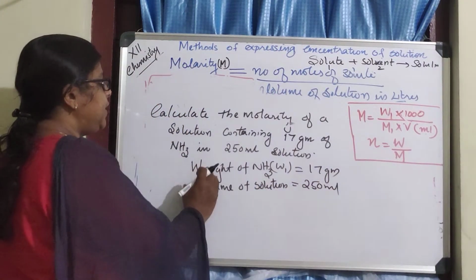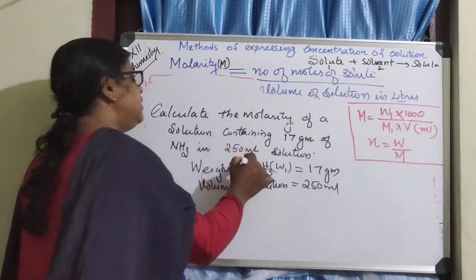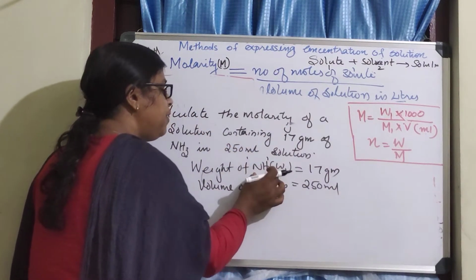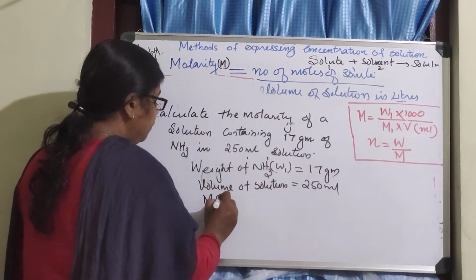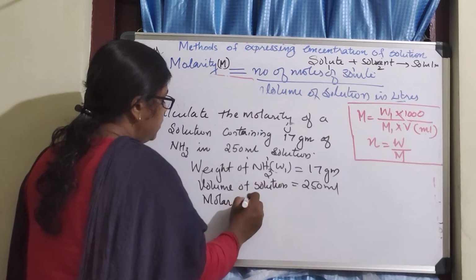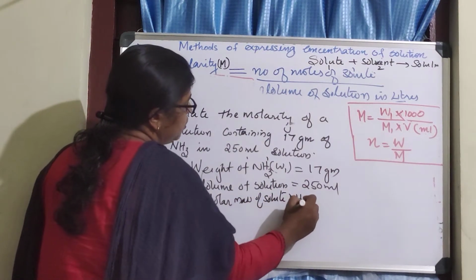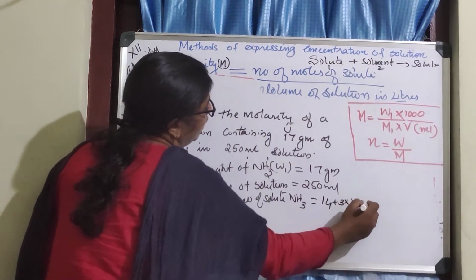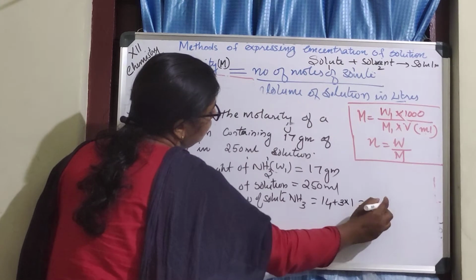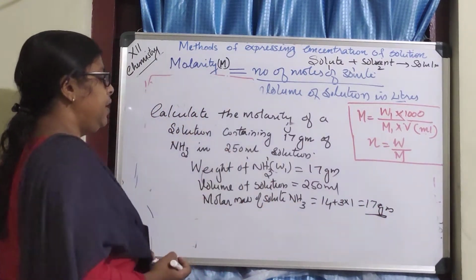So these are the two data which we get from the question. And one more thing we can find, since the molecular formula is given, we can find the molar mass of the solute. So molar mass of ammonia, NH3, that is 14 plus 3 into 1, that is equal to 17 gram.